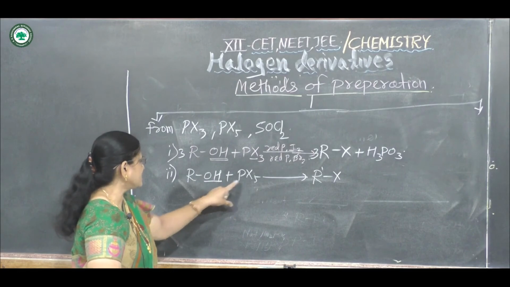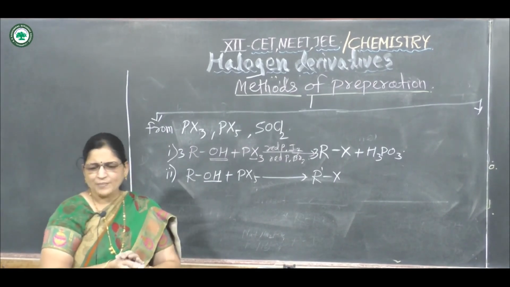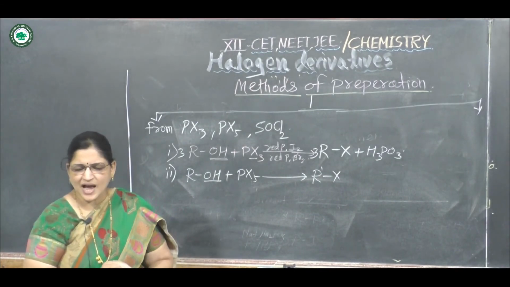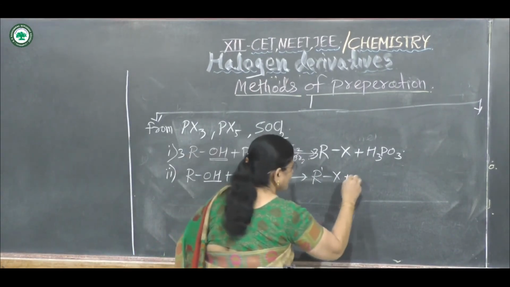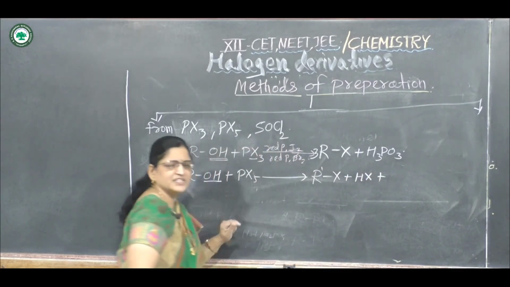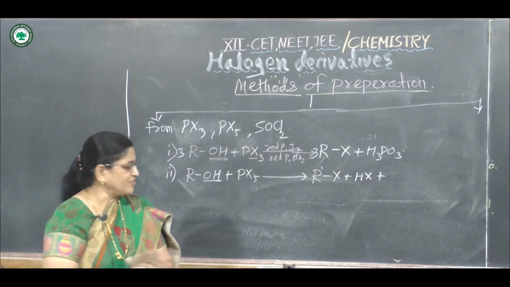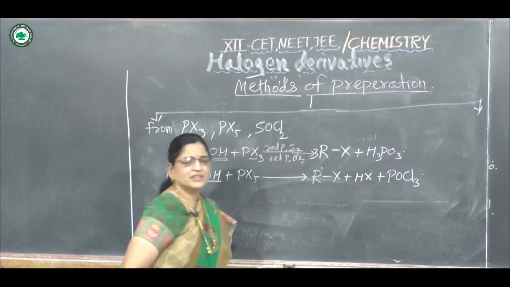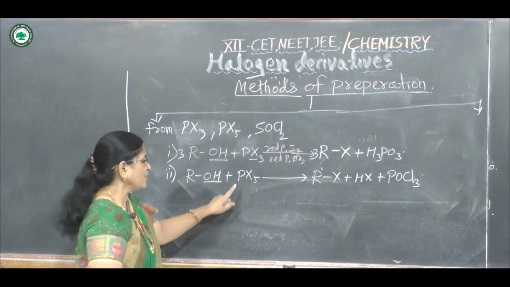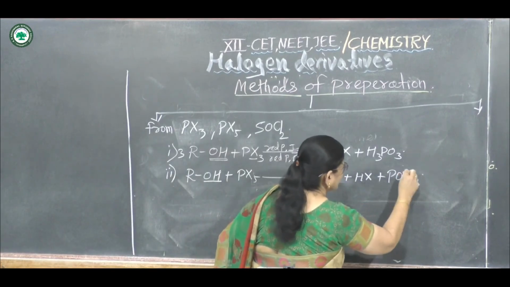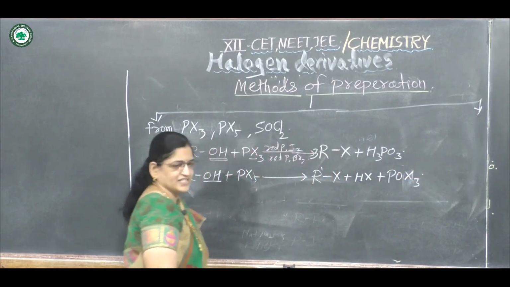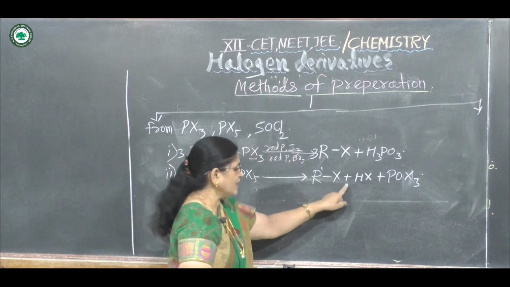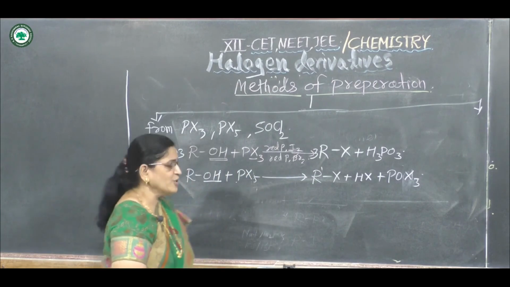Two byproducts: if it reacts with PCl5, it forms RX plus HX, that is hydrogen halide, and the third product is POCl3, or POX3 in general. For chlorine, it gives RCl plus HCl plus POCl3.